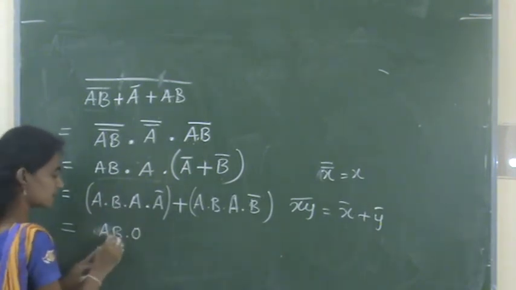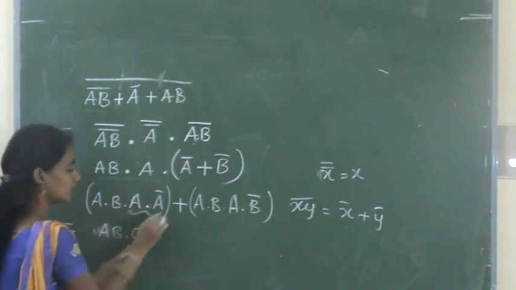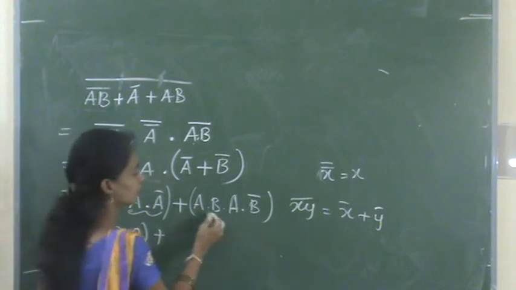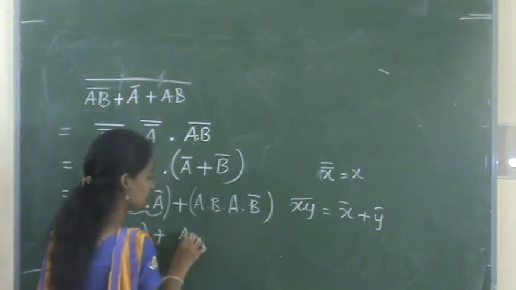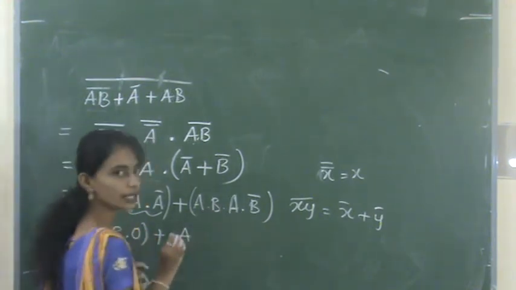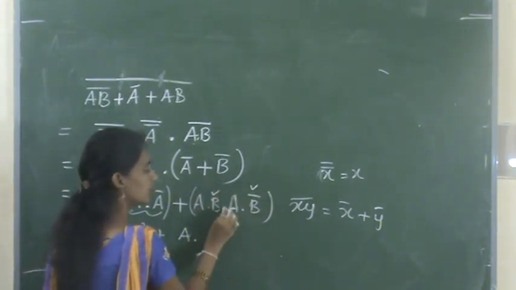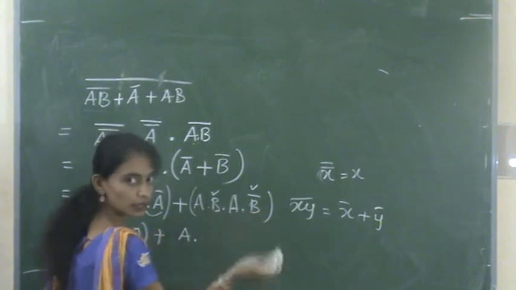So I wrote ab as it is, and this part will be 0, plus here a into a is a according to the idempotent law, into b into b bar, which is x into x bar equal to 0.